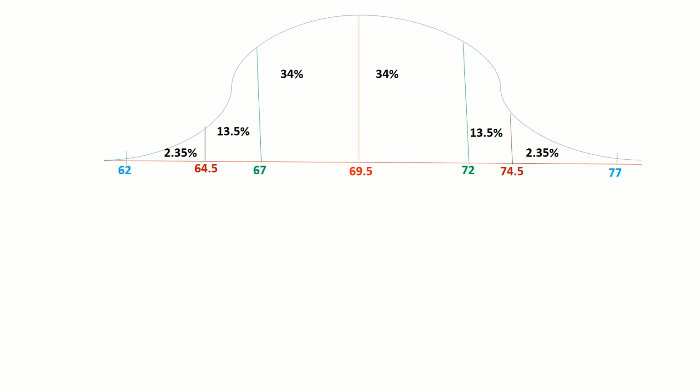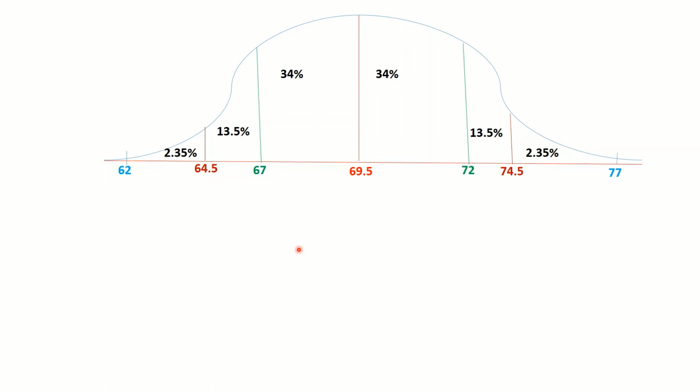So in the above slide, we calculated the intervals of deviation: 62, 64.5, 67, 69.5, which is the mean, 72, 74.5, and 77. We know that the percentage for one deviation is 68, 34 plus 34, and the same for two standard deviations is 13.5 plus all this range, and the three standard deviations will be the sum of all these numbers up to here.